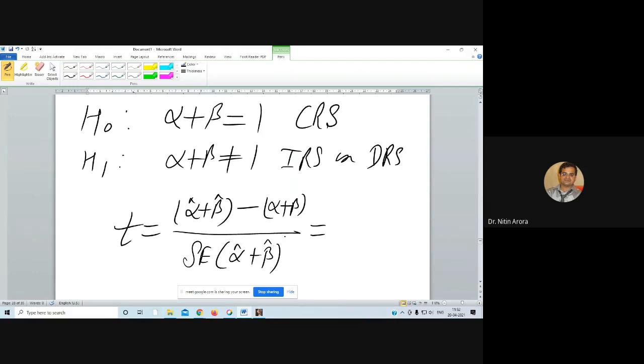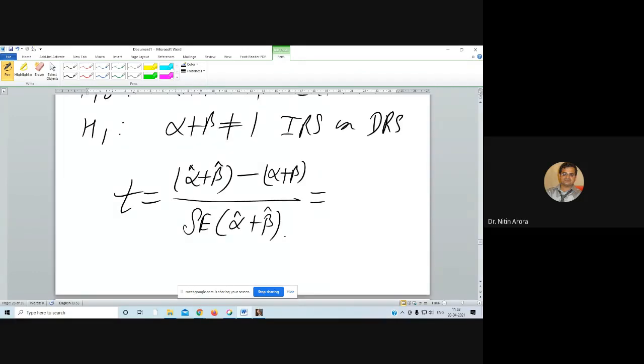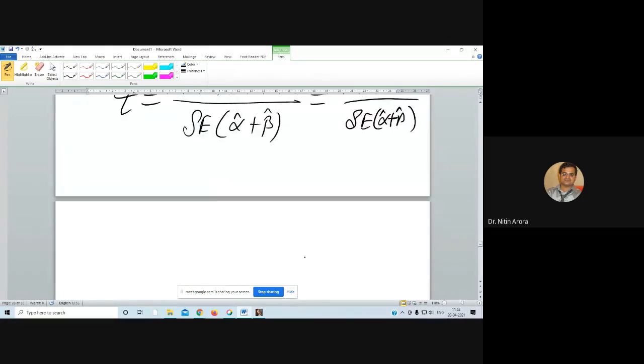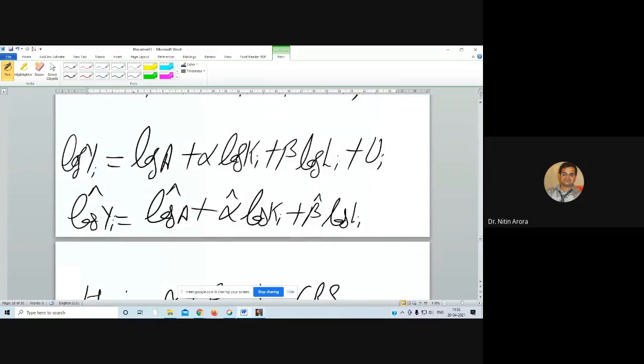We have the formula: the variance of alpha cap plus beta cap is the variance of alpha cap plus the variance of beta cap plus 2 times the covariance of alpha cap and beta cap. So the numerator is alpha cap plus beta cap minus 1, upon the standard error, because we are testing alpha plus beta is equal to unity. So this would be the test of hypothesis that we are going to apply.